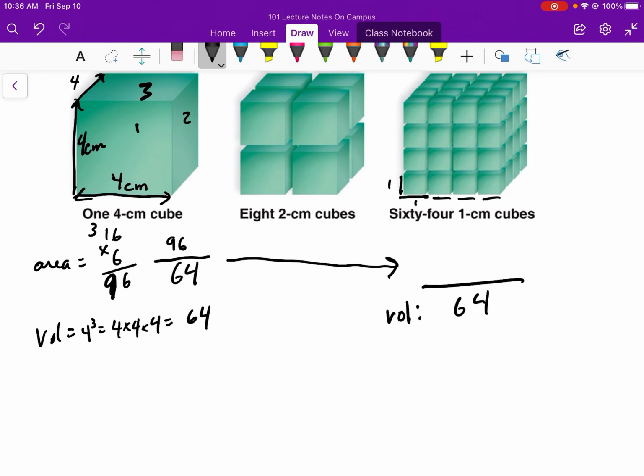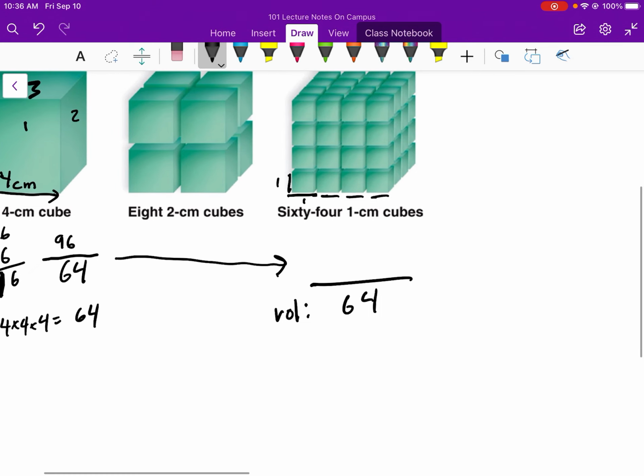So if we want to count all of those surfaces, each cube has a surface area of 6, right? So each cube is going to have a surface area of 6. We're going to have to multiply that times the number of cubes, which is, well, you can see 16 on one layer here, and then there are 4 of those, 1, 2, 3 more, which makes 4.